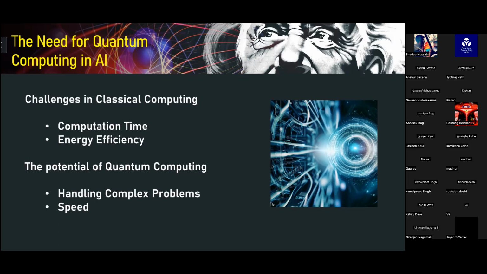And what is the potential of quantum computing? Quantum computing can handle complex problems with good speed, right? Let me give you a very simple analogy over here.